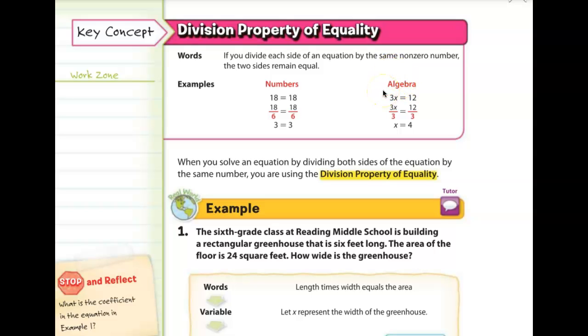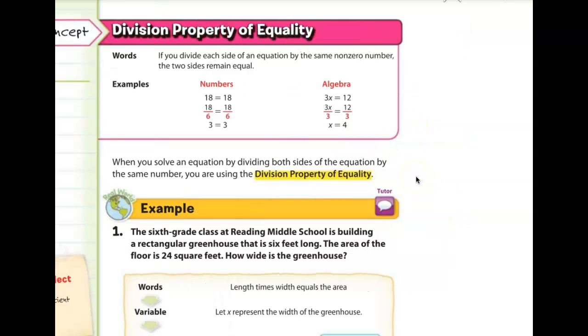It will continue to be equal. 18 is equal to 18, so 18 divided by 6, 18 divided by 6 is the same as 3 equals 3. So if I divide both of these sides of the equation by 3, I can get rid of this 3. Now this is not a zero pair. 3 divided by 3 is equivalent to 1, and so 1x is equivalent to 12 divided by 3, which is 4. That's the division property of equality.